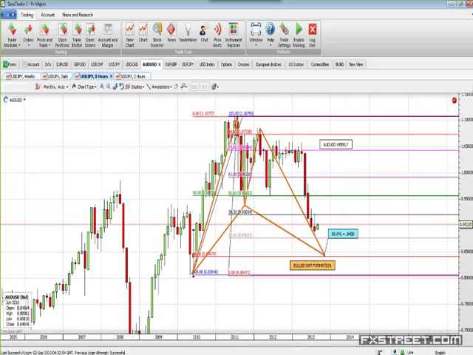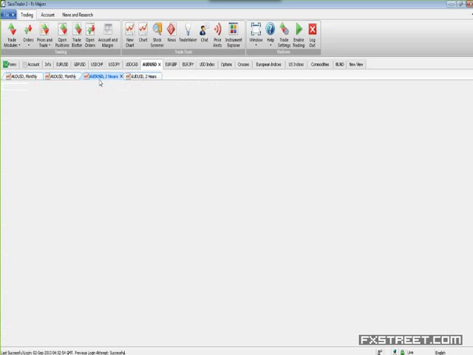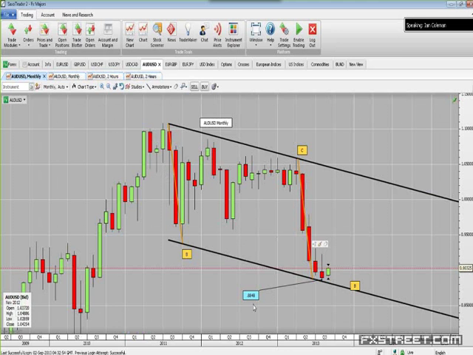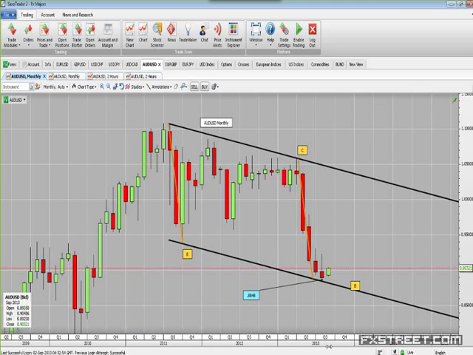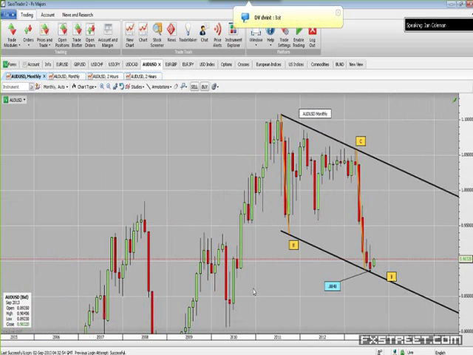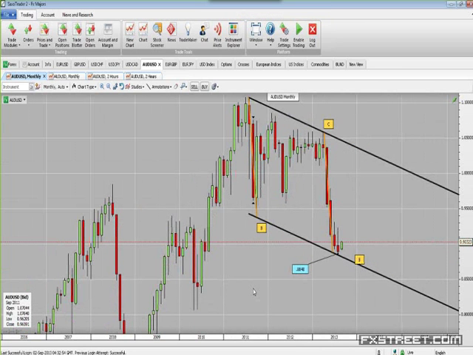Aussie dollar. Let's break this one down. Okay, big picture. Monthly. Huge channel formation. We've hit the bottom. We've corrected higher. Now, why should we not have a bullish bias now? Well, the strength of the decline.